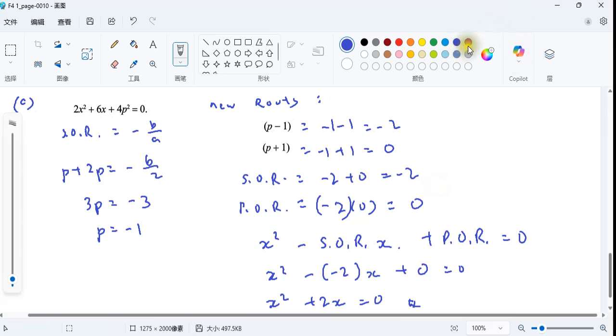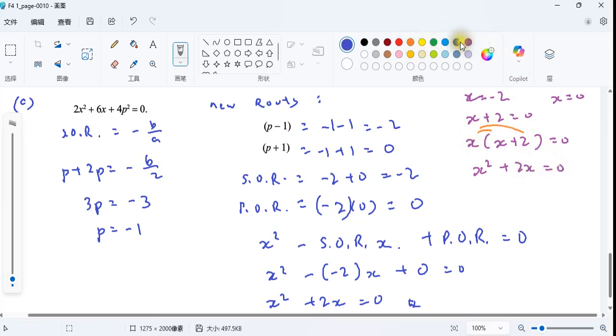We can also do it this way because we know that x equal to negative 2 is a root, so we have x plus 2 equal to 0, and x equal to 0 is a root. So we will have x times (x plus 2) equal to 0. So x squared plus 2x equal to 0.